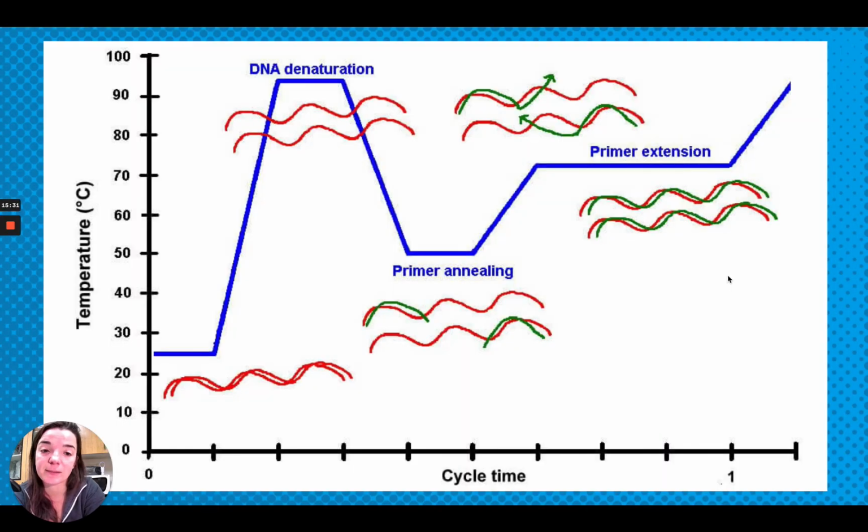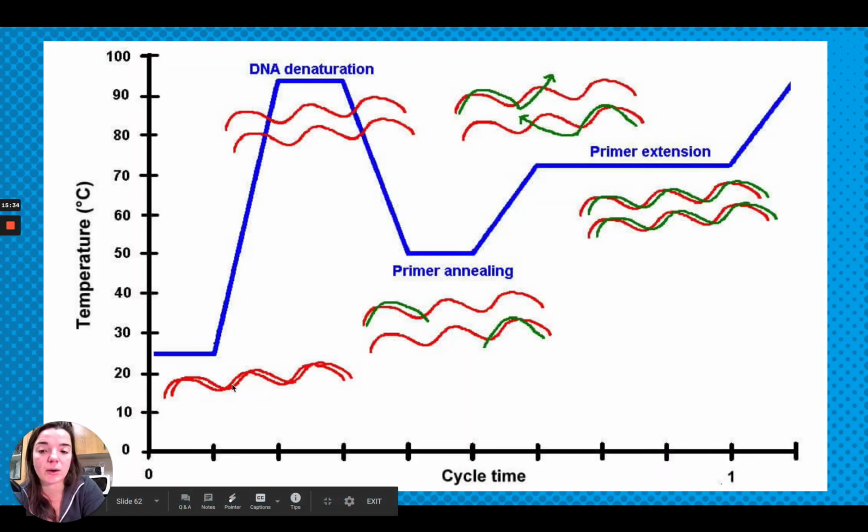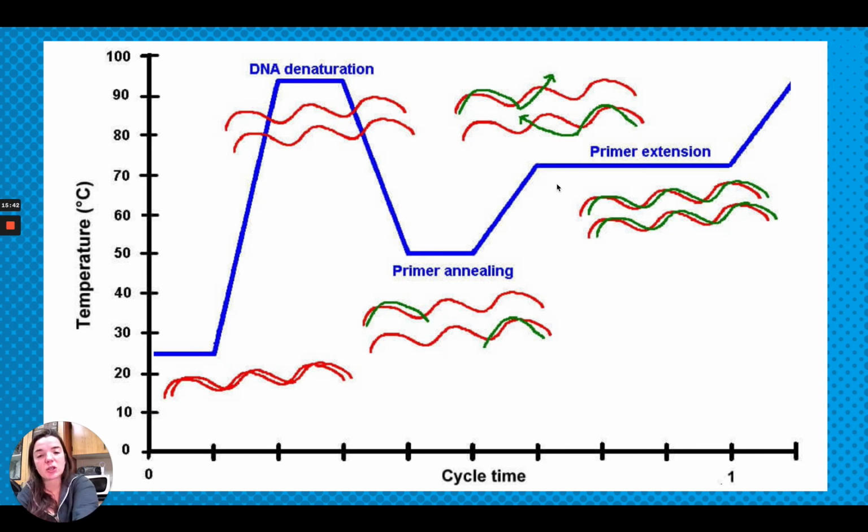So just another image, so you can see high temperature for denaturing, lowest temperature for your primer annealing. Your primer extension will increase, as I said before, to where Thermus aquaticus is going to be most active. It is also at a higher temperature so that the nucleotides are more discriminatory.